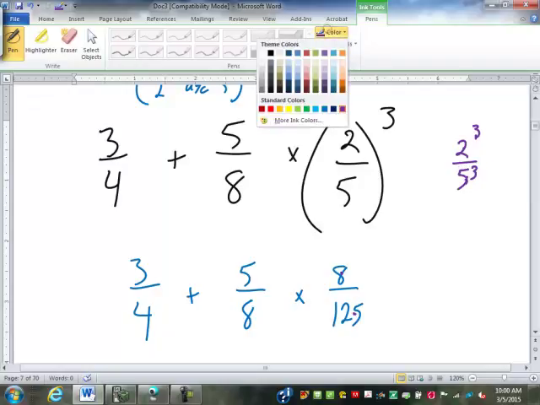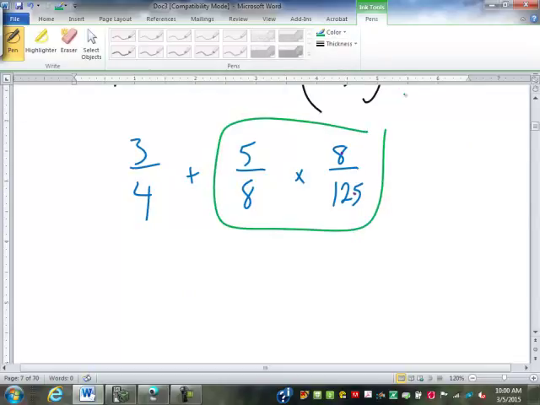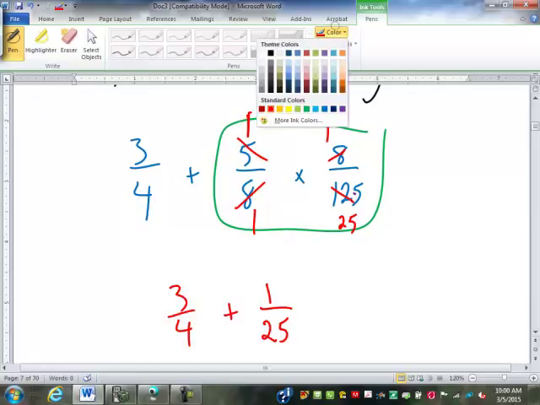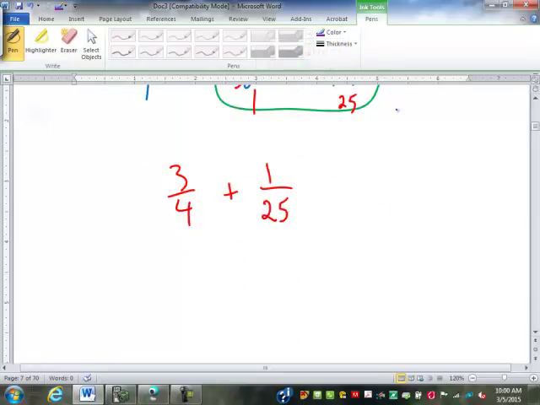Now what do we have to do? 5/8 times 8 over 125. Well, in this one there's some cross canceling. The 8's cross cancel, giving me 1 and 1. Anything else? 5 and 125 can be divided by 5 to give me 1 and 25. That multiplies to make 1 over 25. So now we have 3/4 plus 1 over 25.